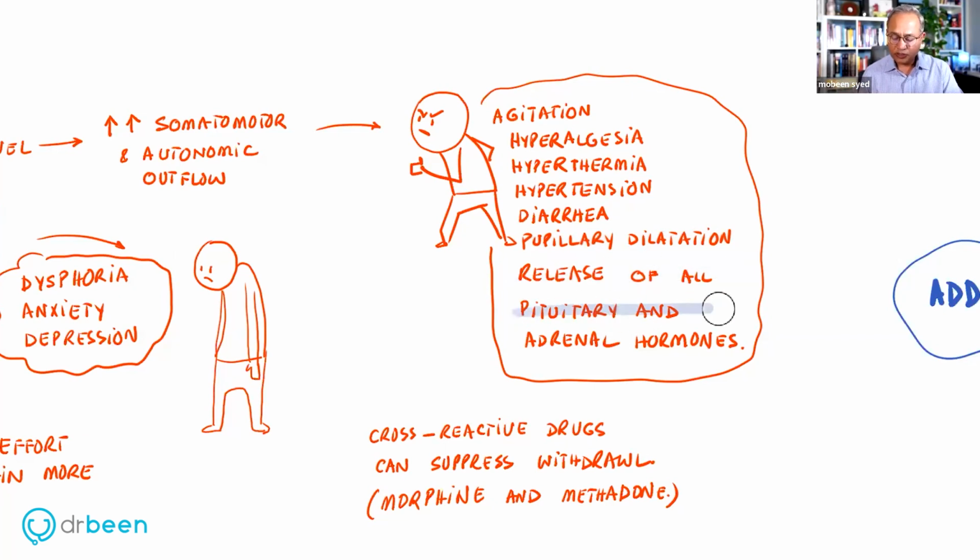Release of all pituitary and adrenal hormones. Imagine the patient's situation, that the patient who was in a dependent state, not just for their pain, but let's say their counter-regulation to opioid had brought them to this adaptation state. And then the opioid is stopped abruptly. This patient is agitated, has more feeling of pain, has feeling of temperature, they have blood pressure increase, diarrhea, abdominal pains, pupillary dilatation, they cannot focus the eye very correctly.